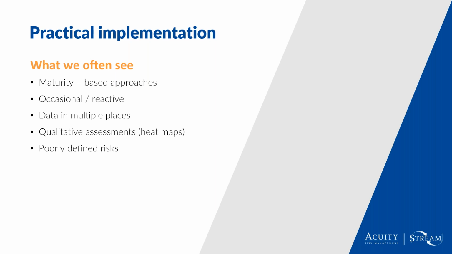And the final point, which is quite often what we see, and a point worth making, is that we'll often find that an organization's existing risk registers actually contain a lot of items that are not really risks, rather things like incidents, actions, and control weaknesses, to name a few. And it's only when we start looking at assessing risks more quantitatively that it quickly becomes clear if a defined risk is actually not a risk at all.